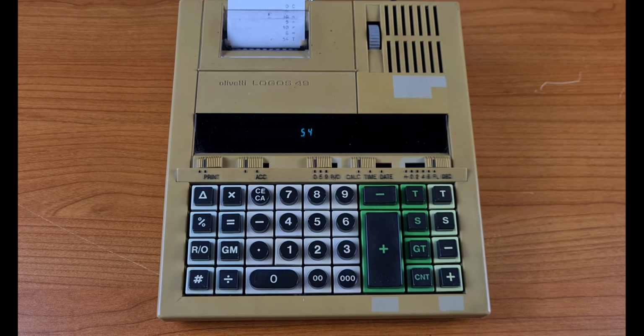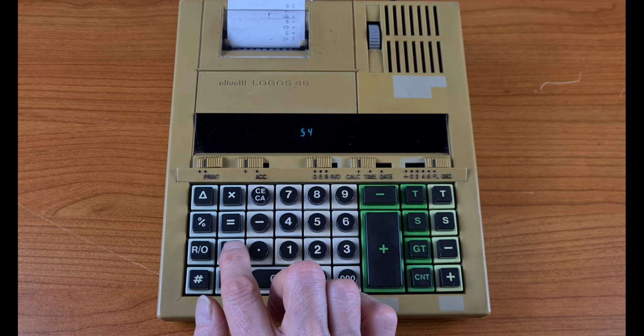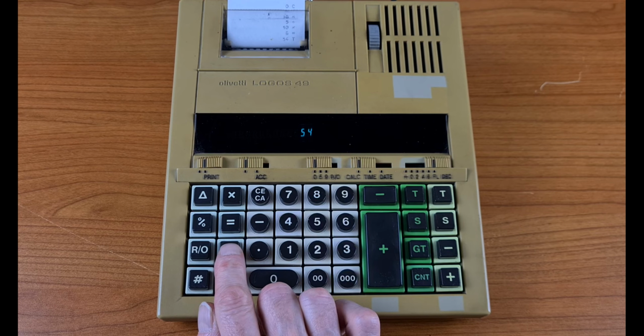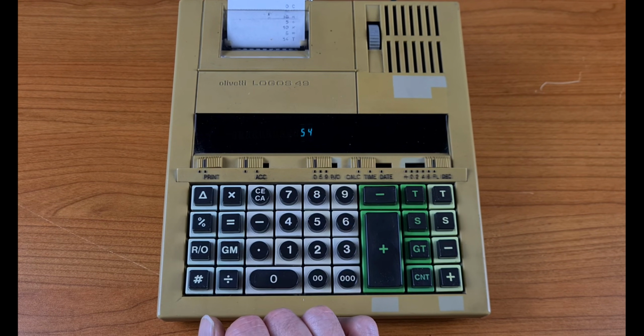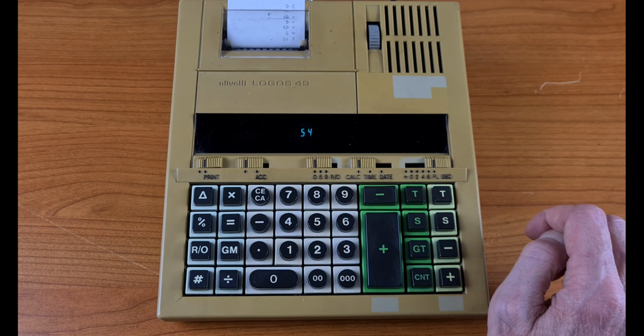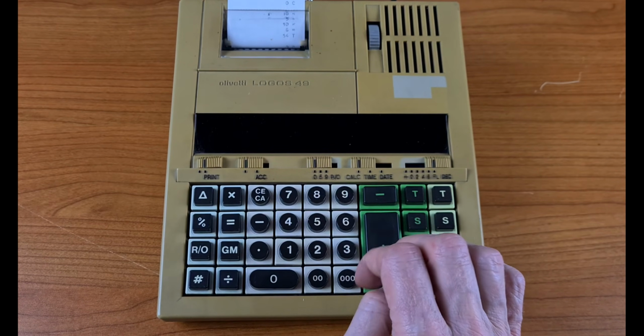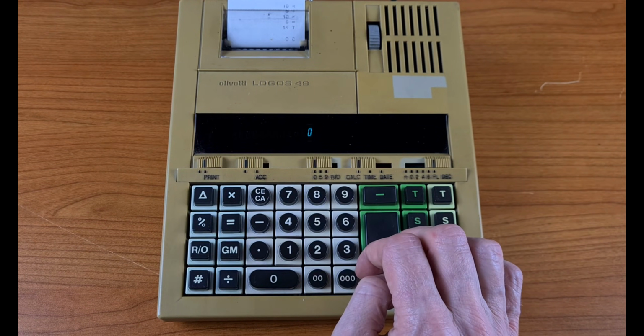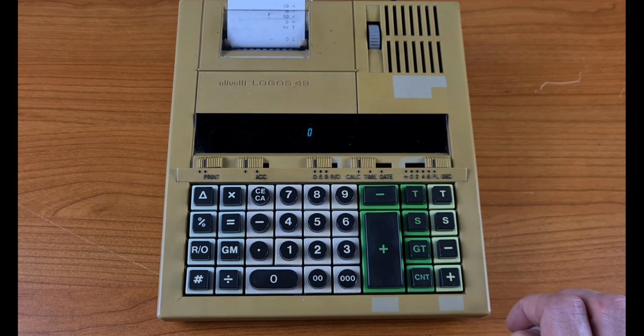Last button for today is GM. It stands for gross margin. Here you can calculate the gross margin and final selling price. Don't forget this is an office calculator to be used also in shops. Let's say you bought a typewriter at $400 and you want to earn 20%.